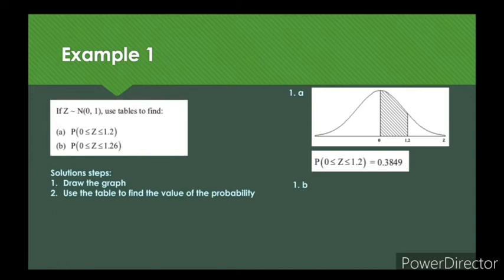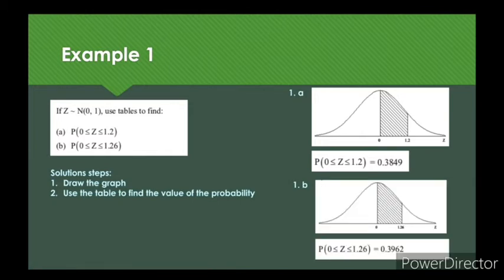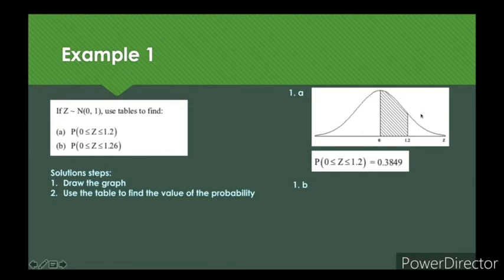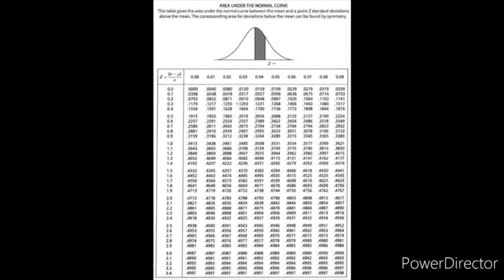From the table, of course. I will show you the table. Here is the table. The table shows the probability of z from 0 to a certain number. We are going to find the probability of z from 0 to 1.2.